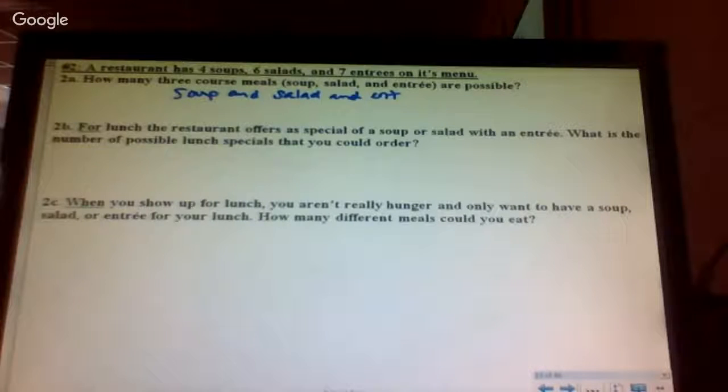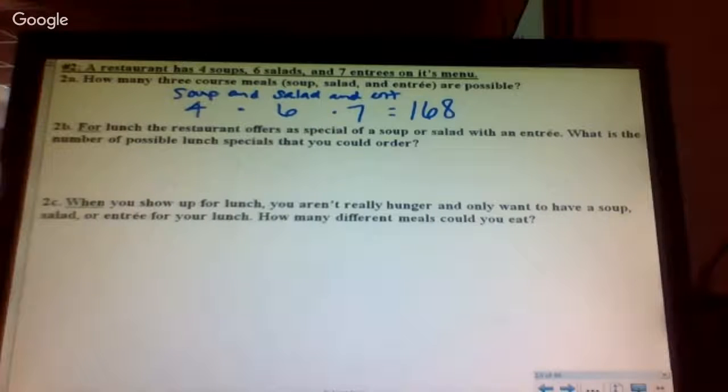What does that look like in numbers? 4 times 6 times 7. Good, 168. 168 different meals we can have. That's a lot of meals.